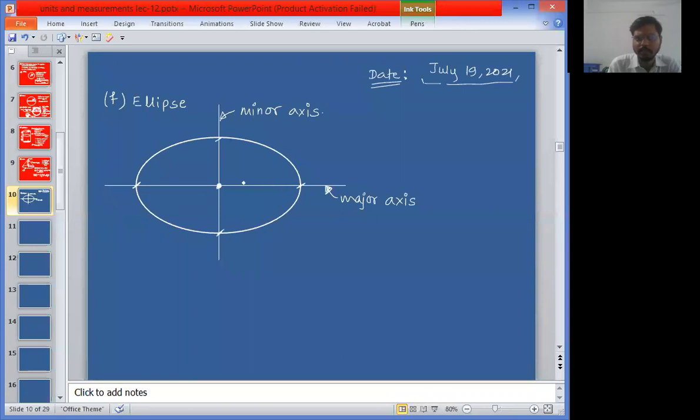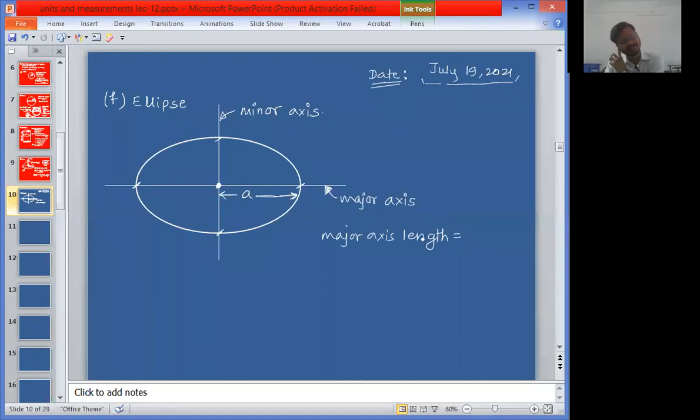It is called the semi major axis. Semi means half. So the semi major axis length is small a. So what will be the total length of the major axis? Now reply to me in the chat box.